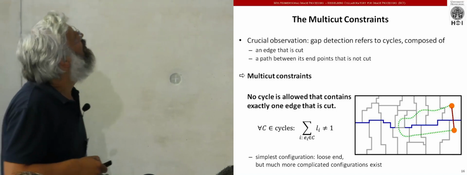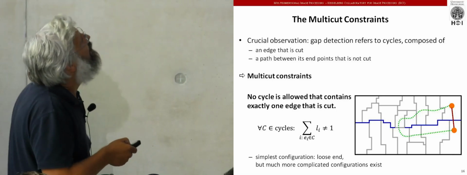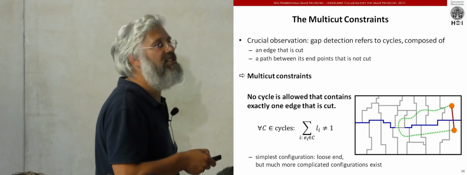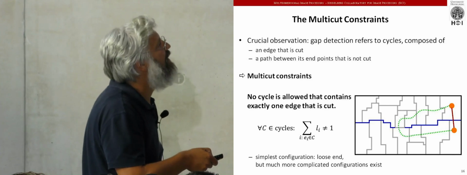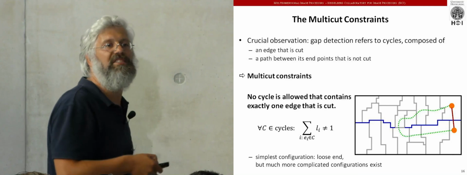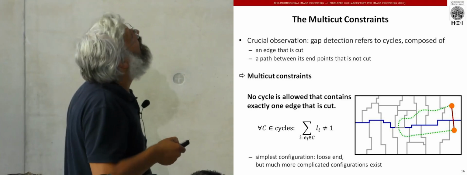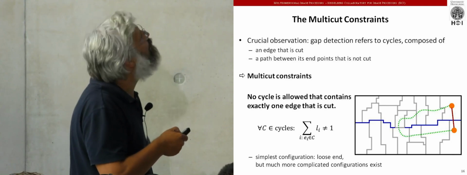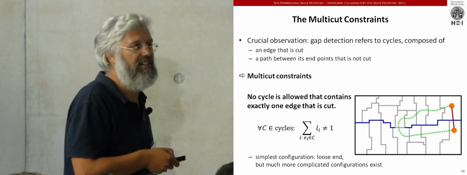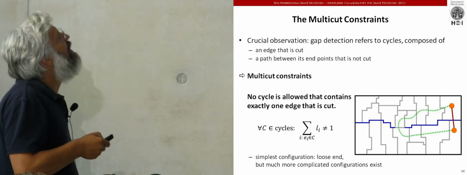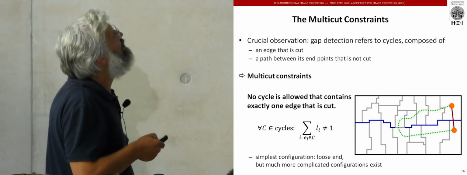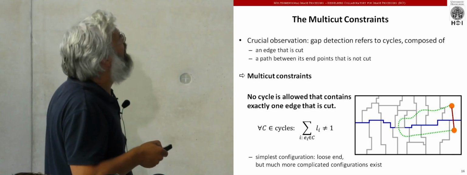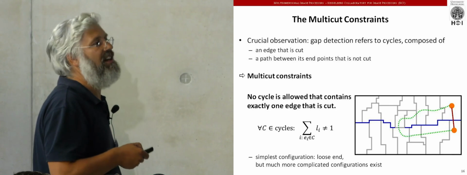To put that into mathematical terms, we see that gap detection refers to cycles in the region adjacency graph. So the green line and the red line together form a cycle in the graph. And a gap is characterized in that the cycle has an edge that is cut, but a path that's not cut. And this gives rise to what's called the multicut constraints, or the cycle constraints, which can be formulated such that no cycle is allowed that contains exactly one edge that is cut.